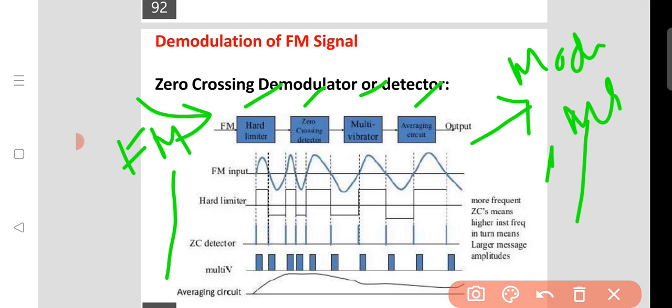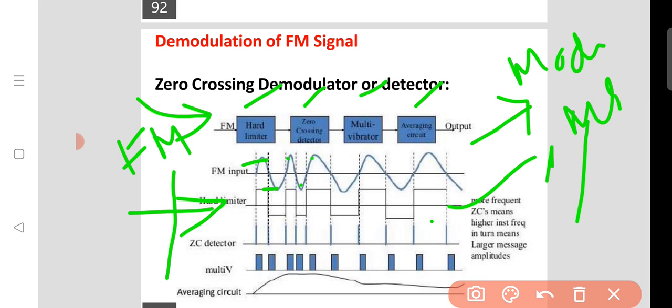That clipping circuit produces at the output of the hard limiter something like this, just like a square wave. Here is the output of the hard limiter. You observe here it clips the upper side and lower side, and smooths the signal just like pulses, just like squares.